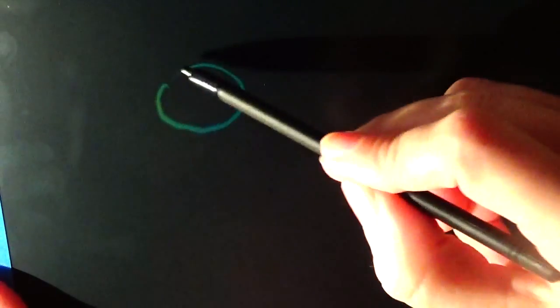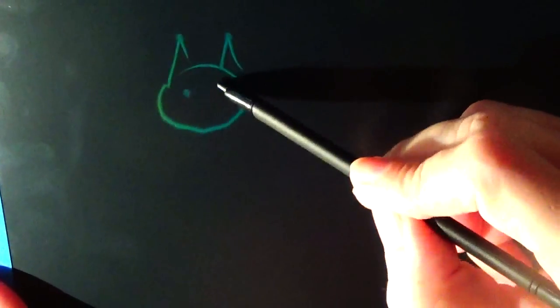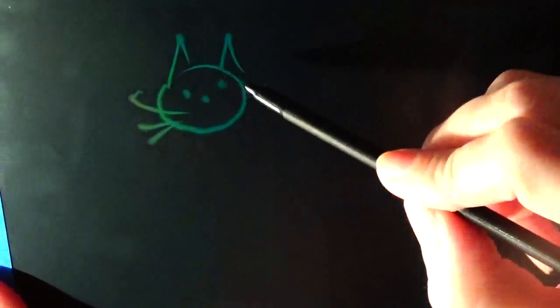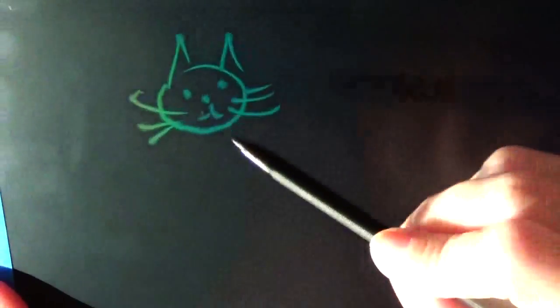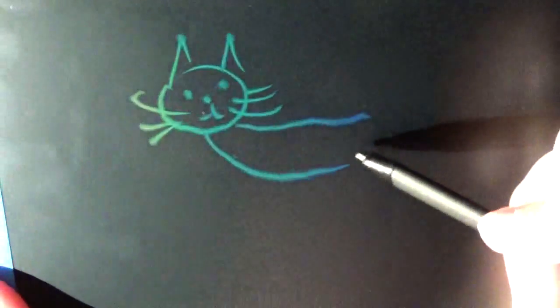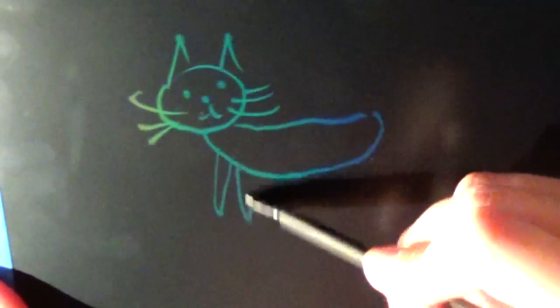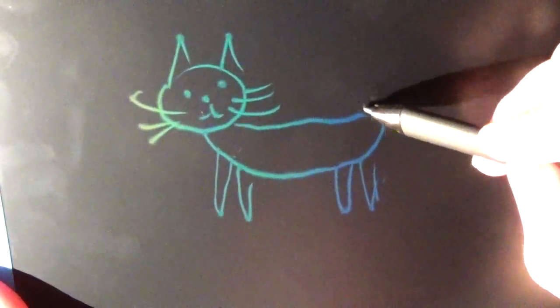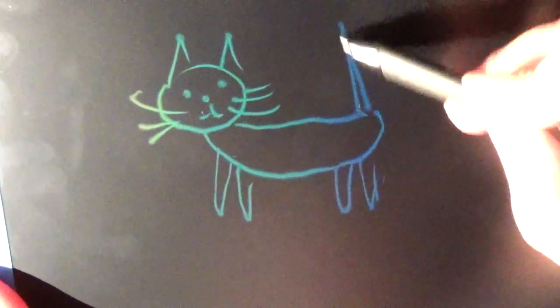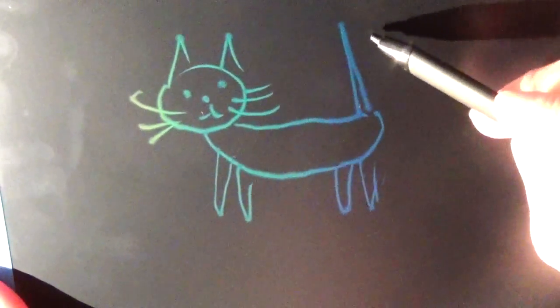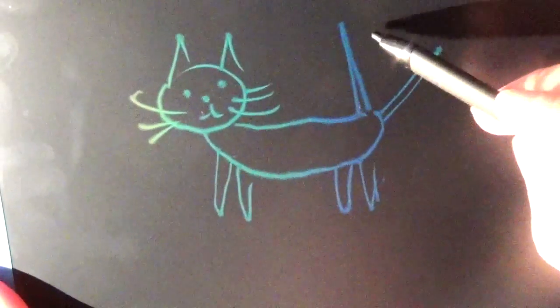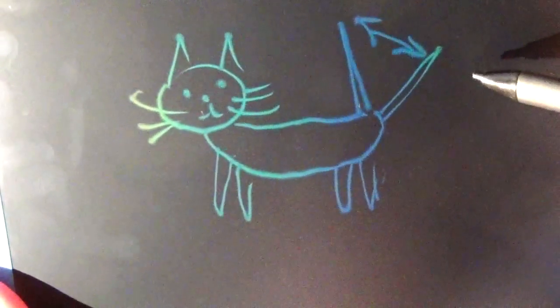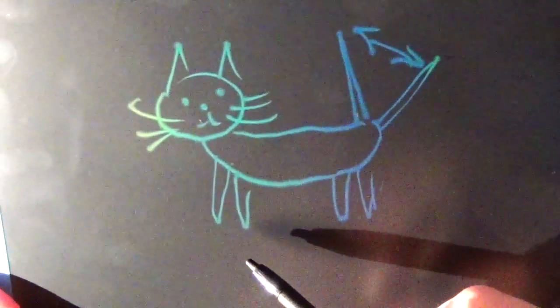Another behavior of the cat is the twitching tail. So I'll draw the cat. It's twitching the tail like this, and it's moving the tail from one side to another.